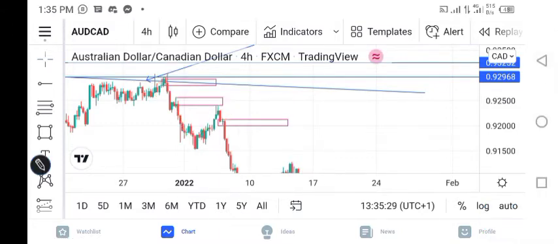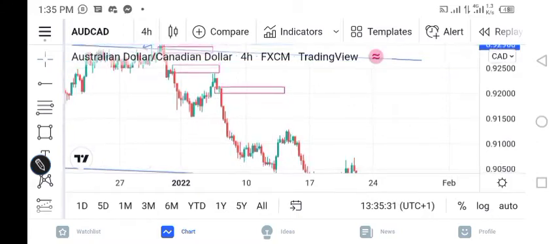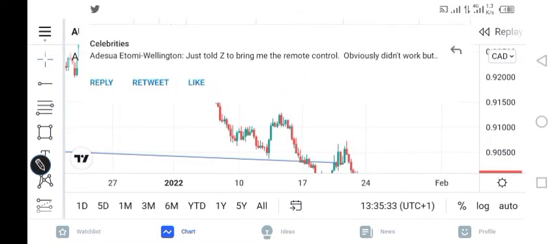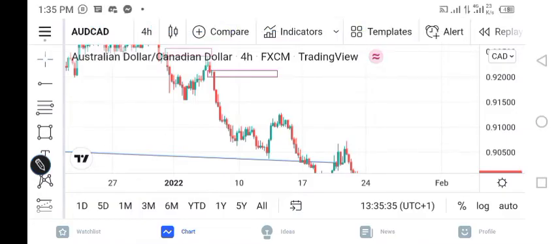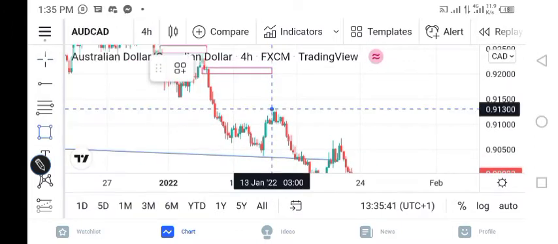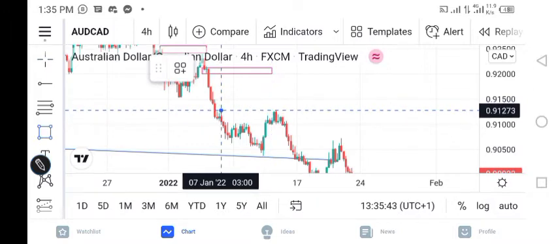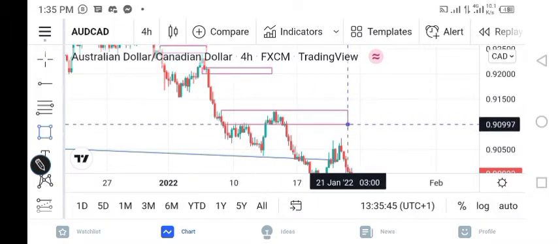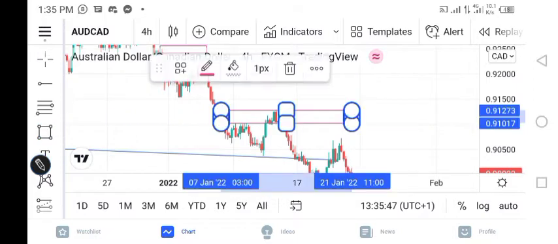So if you master supply and demand, you will always get an entry to enter some massive movement in the market. Here is another one, guys. Here is another one here. You will see it clearer on a lower time frame.